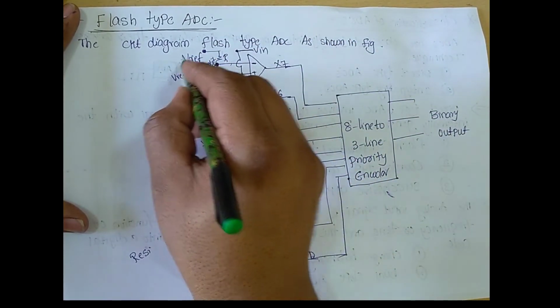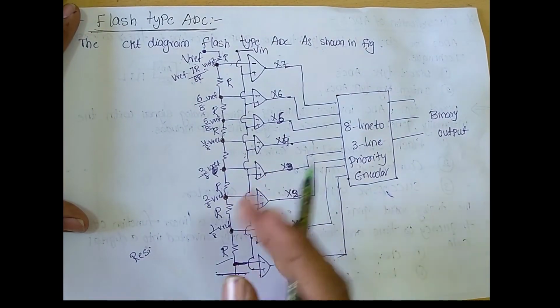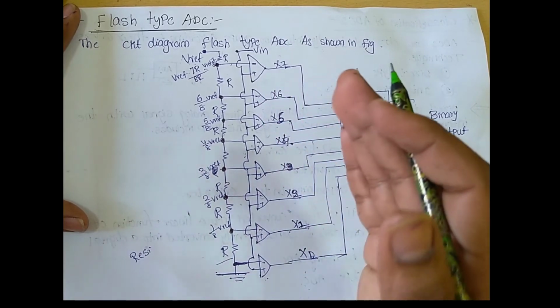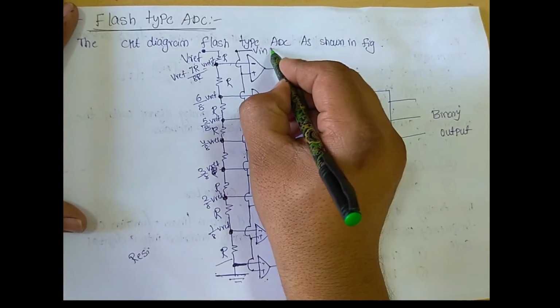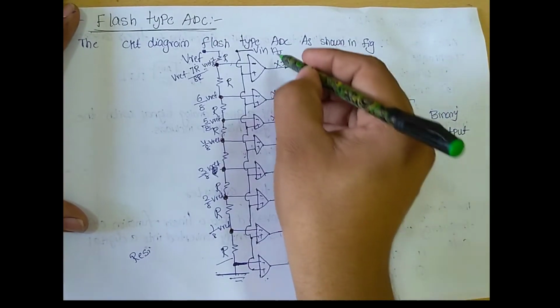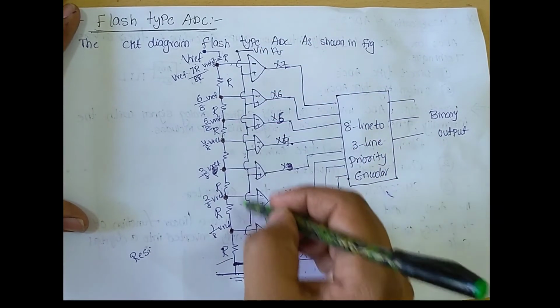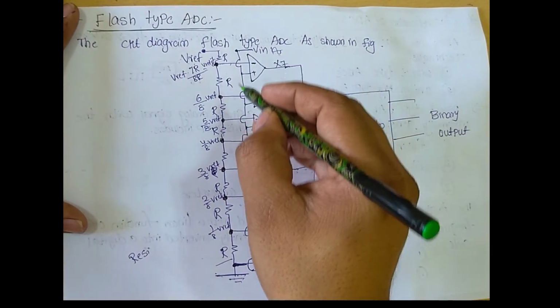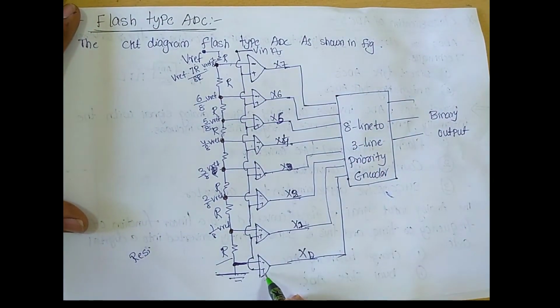Now we understand the working operation of the flash type ADC. We give the analog input signal, and it is connected to the comparator circuit. The comparator has two input terminals, an inverting terminal and a non-inverting terminal. The given analog input signal is applied to the non-inverting terminal, and the inverting terminal receives the reference voltage.